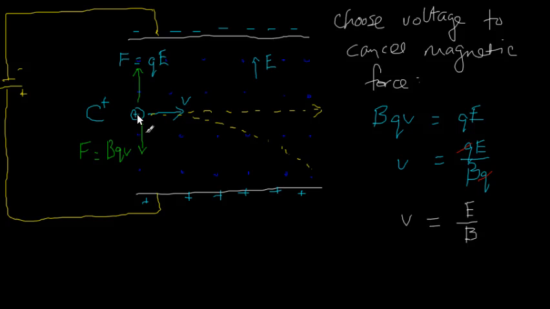Okay, we can also say that the particle that would go straight, the particle that would have the electric and magnetic forces cancelled, must have a velocity that is equal to the electric field strength divided by the magnetic flux density.